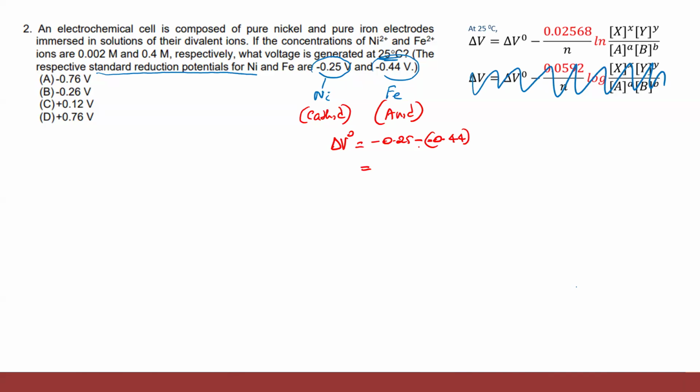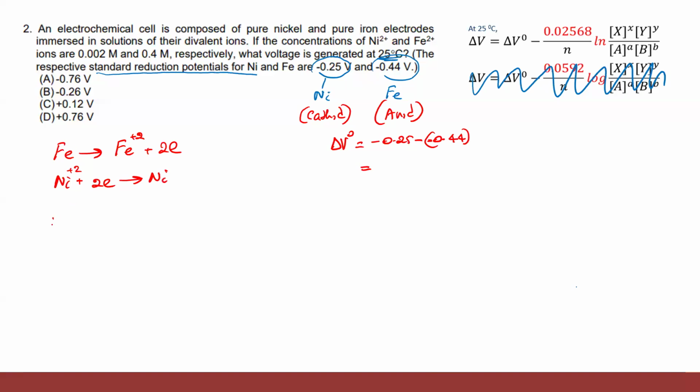So if you write the equation, what should be your equation? In the anode, it is losing electrons. In the cathode, it is gaining electrons.